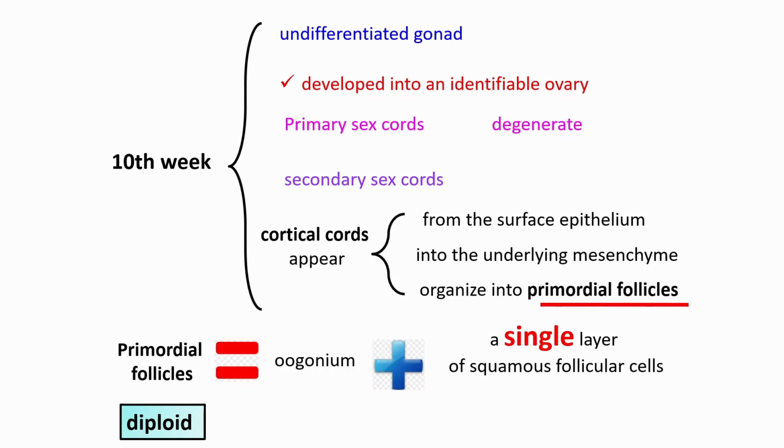A single layer is one layer, a layer made of one group of cells, and squamous means thin. The follicular cells are the cells of the secondary sex cords that went in, divided in number, and filled the space.